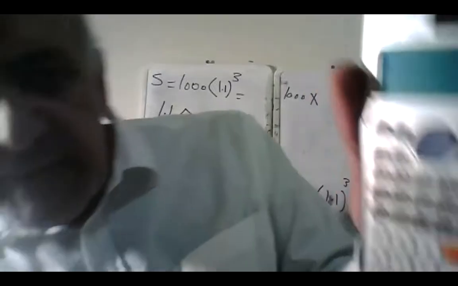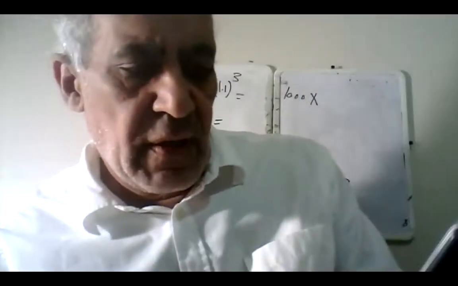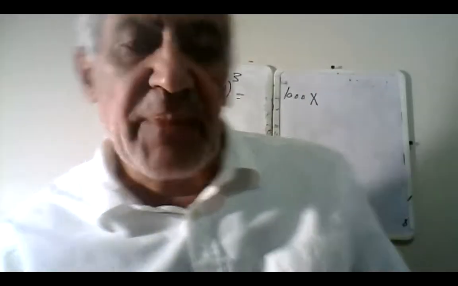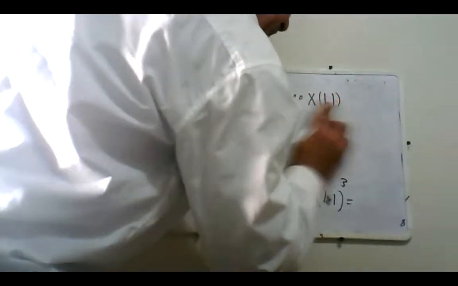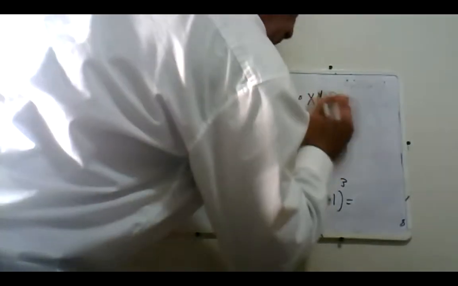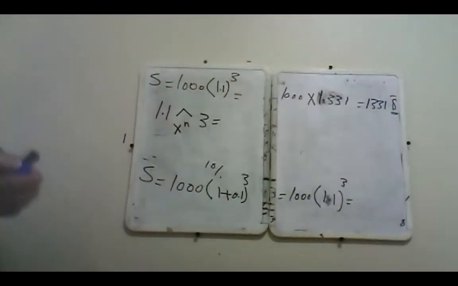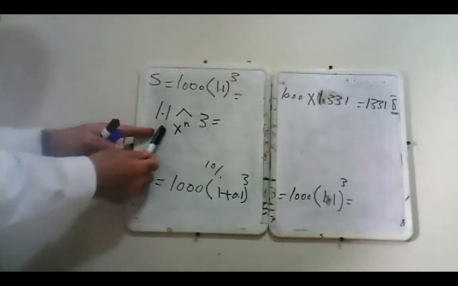That equals 1.331. So this 1.1 power 3 is 1.331, and this will equal $1,331.